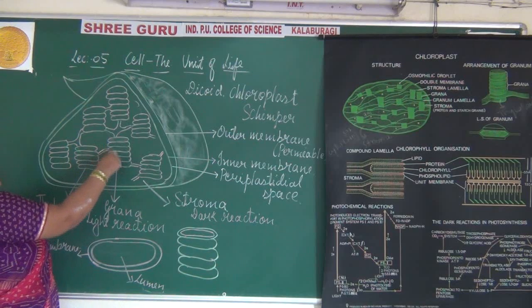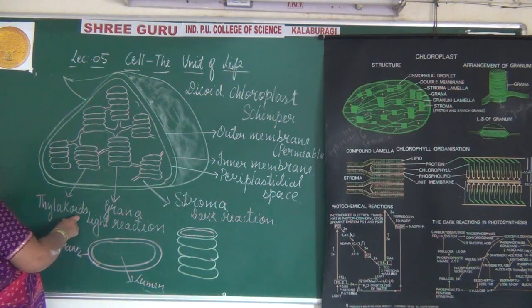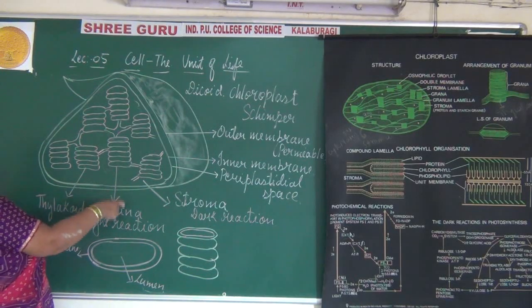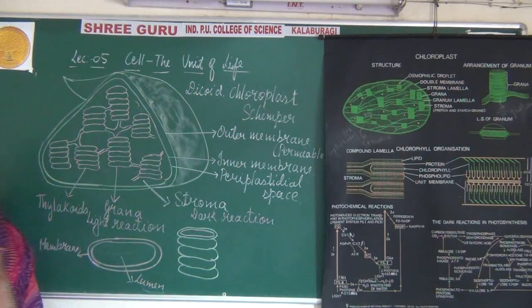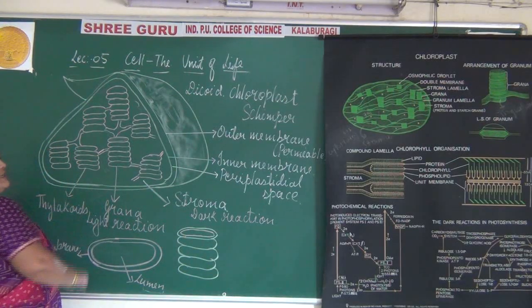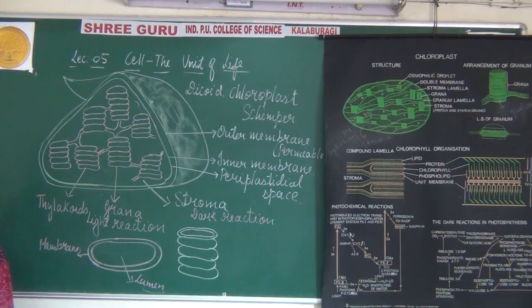While there are thylakoids. The thylakoids group together and are arranged like a pile of coins, which are known as grana. Singularly, it is called a granum.